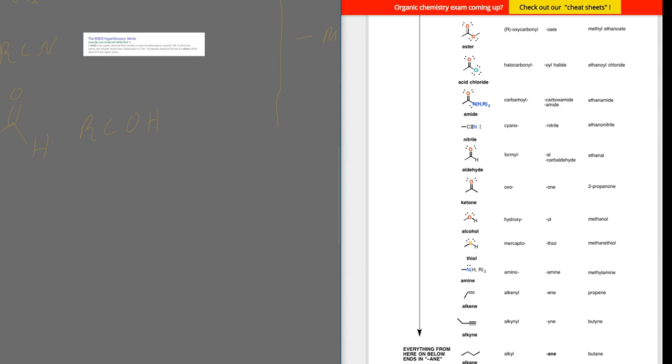RCOH. Suffix is going to be AL. It mentions carbaldehyde, but I've mainly seen the AL suffix. Formyl. Okay, have to look into that.